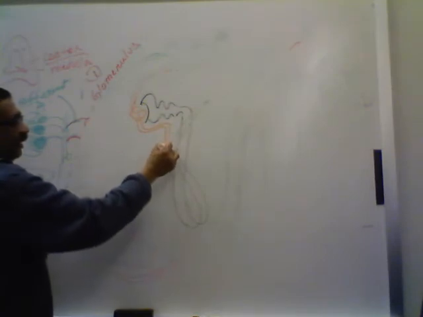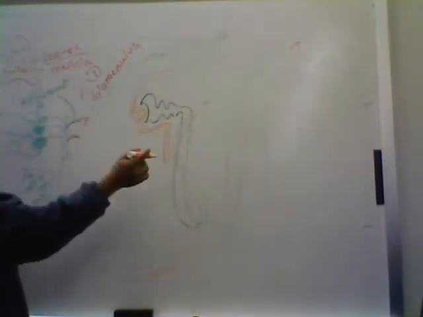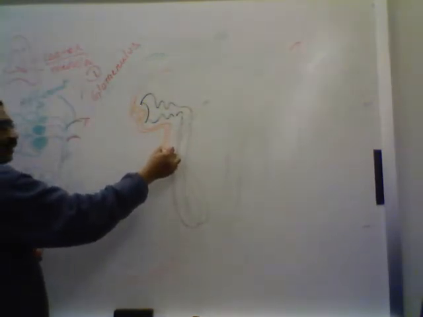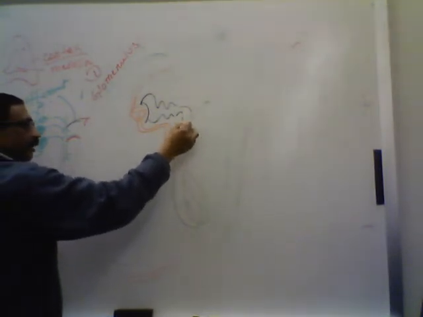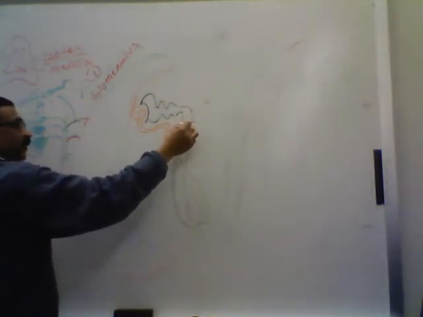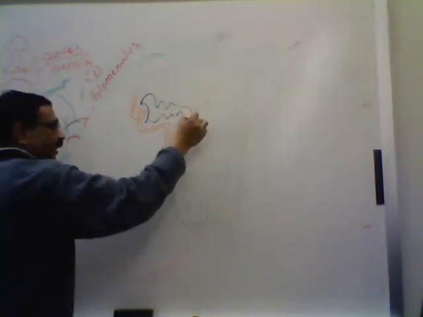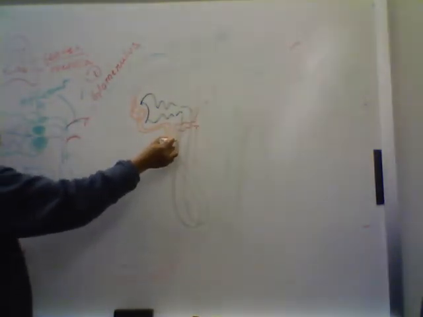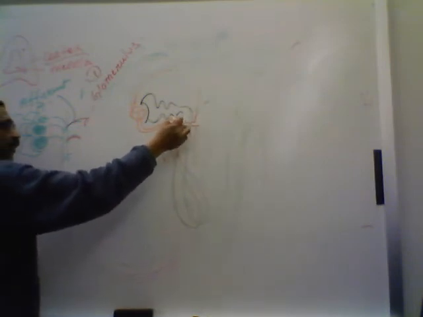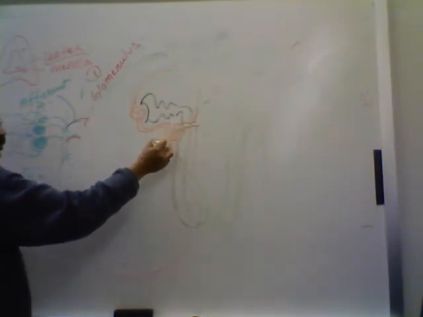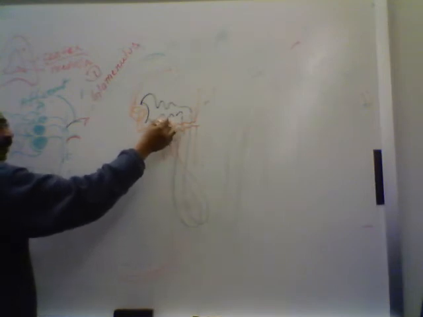What happens inside the kidney? The last part of the ascending limb and the first part of the distal convoluted tubule come very close to the afferent arteriole.